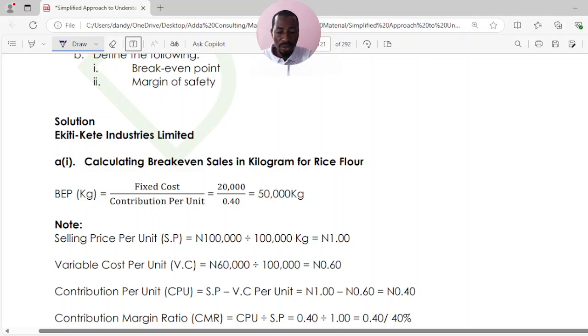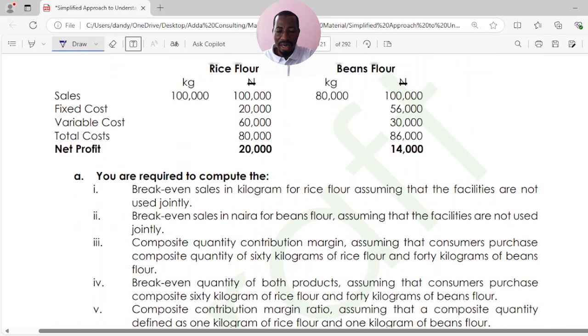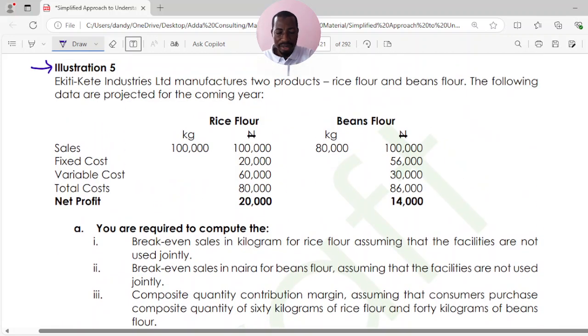So I will then go to the question. For rice flour, the fixed cost is 20,000. So what is the contribution margin of rice flour? I need to compute the contribution margin.